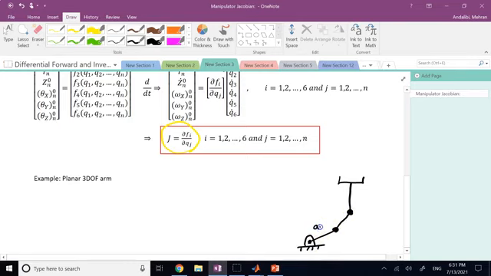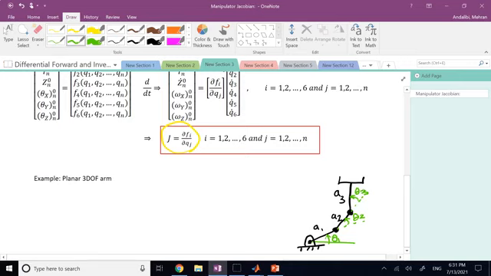And I can call these members A1, A2, and A3, and then I can provide 3 angles. So this one is your theta 1. This one here is your theta 2, and this one here is your theta 3.